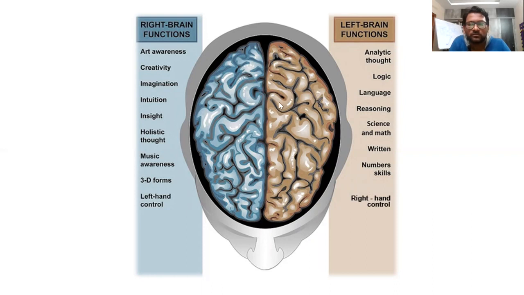These two work together with the help of the corpus callosum, a band-like group of nerve fibers which connects and glues both the right and left hemispheres. There are certain abnormal conditions, split brain functions, etc. We'll discuss them in later parts.